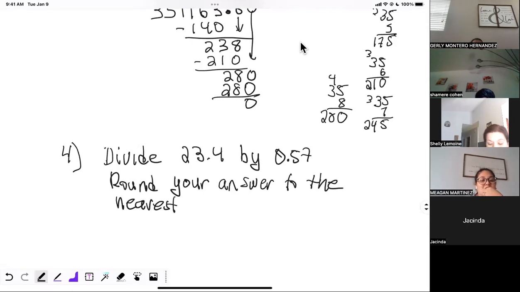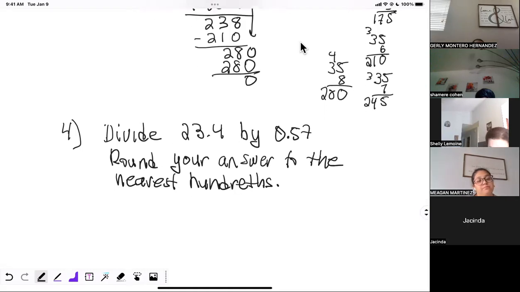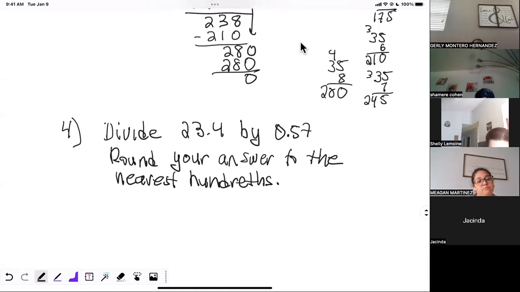This is why you have to remember your place values again. This one is probably going to go on for a while, and we don't want to sit here and do a whole bunch of decimal places. When that happens, you'll be asked to round it. This would be an example.